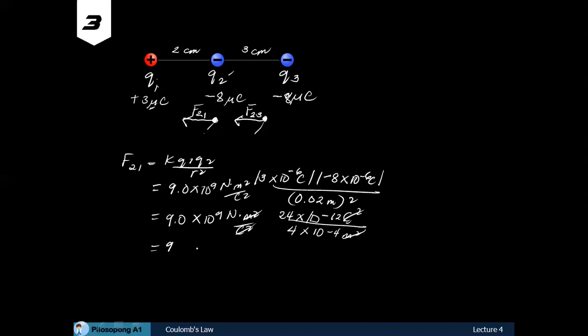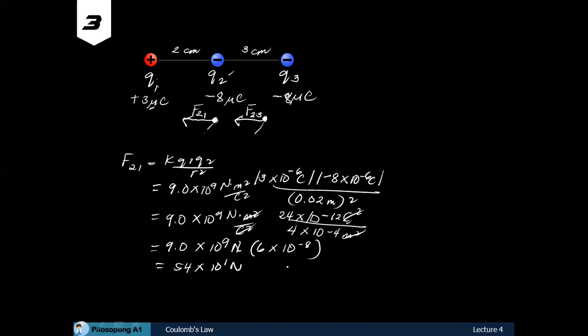We get 9.0 times 10 raised to 9 newtons multiplied by the quotient of these two values, which is 6 times 10 raised to negative 8, and we get an answer of 54 times 10 raised to 1 newtons.